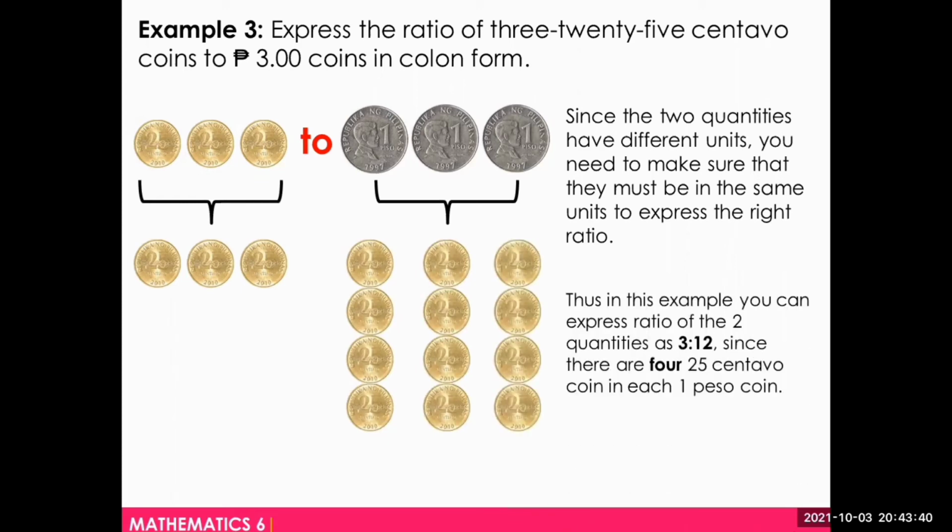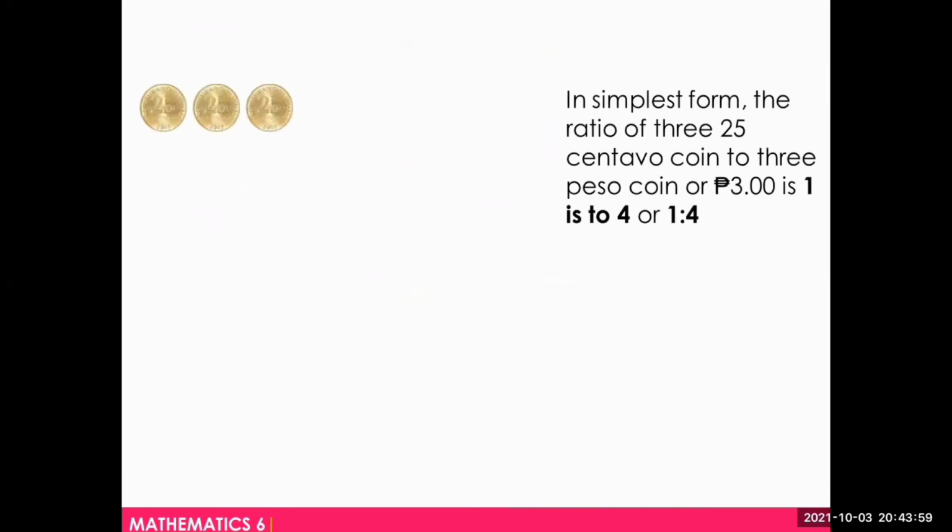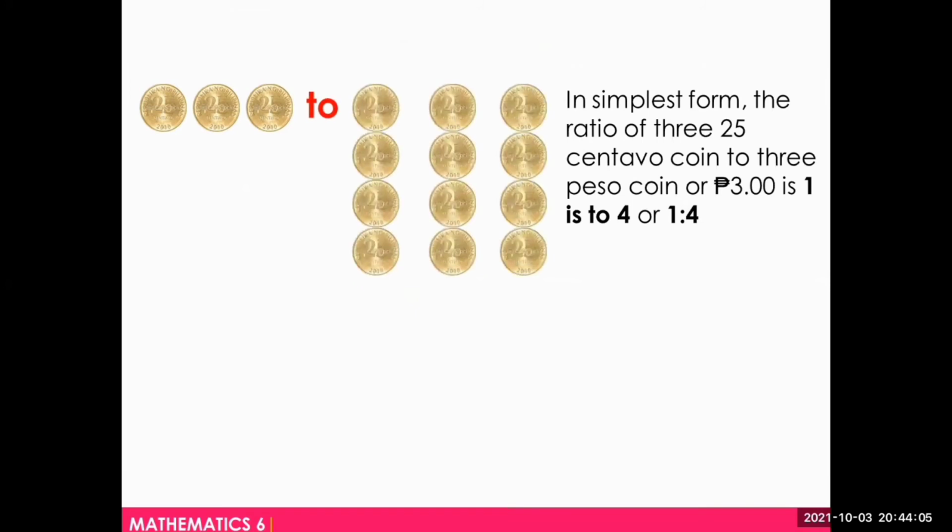Thus, in this example, you can express the ratio of two quantities as 3:12, since there are 4 25-centavo coins in each 1 peso coin. In simplest form, the ratio of 3 25-centavo coins to 3 peso coins or 3 pesos is 1:4.